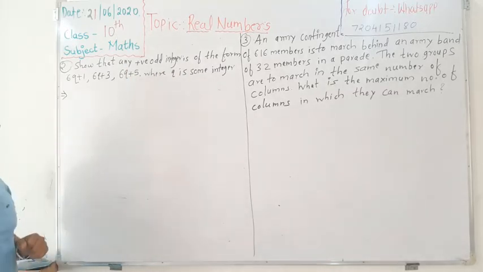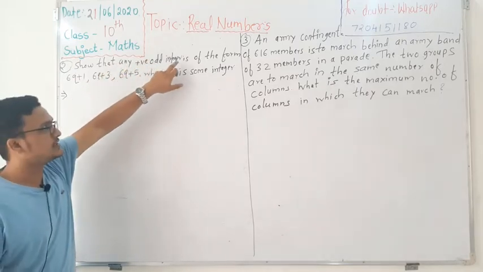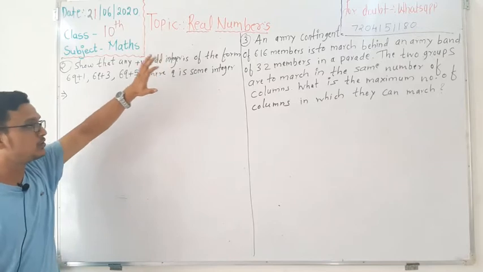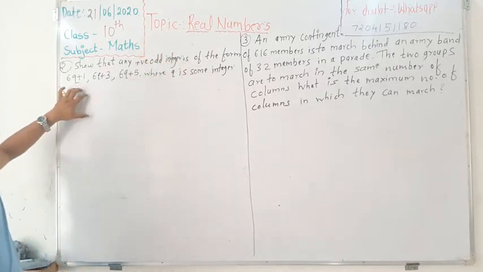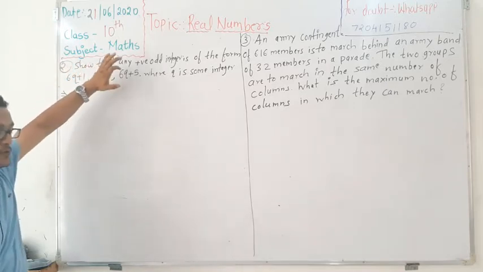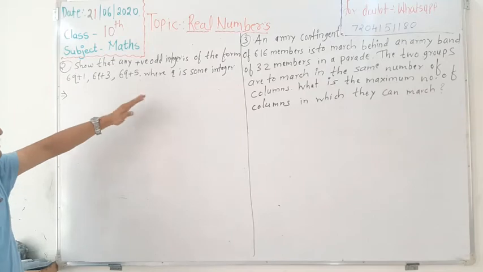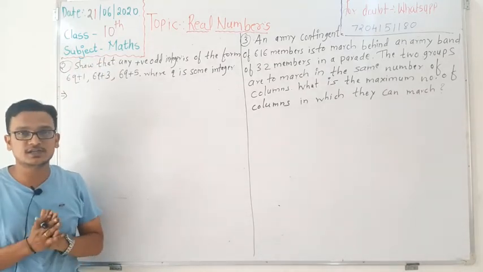So in this question, what we have to show here? Any positive odd integer is of the form what? 6q plus 1, 6q plus 3 and 6q plus 5. Again here, to show that, again we have to make use of the Euclid division lemma.